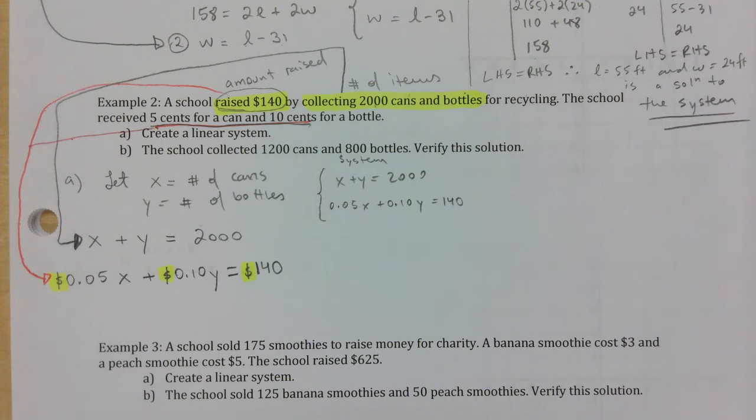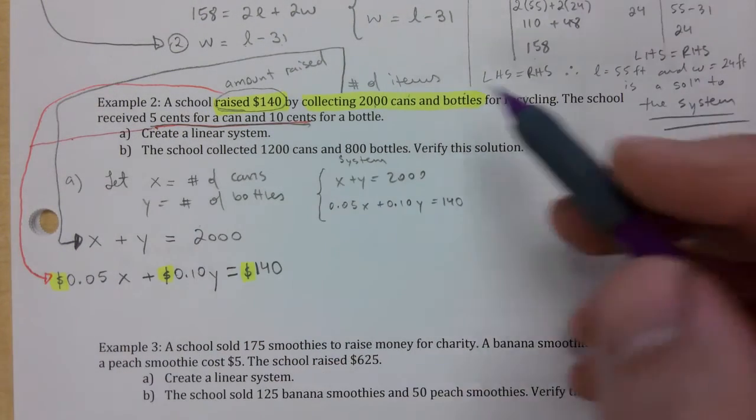They could have done that. Those would have been the coefficients, the numbers in front of your variables. You say, okay, mLs go with mLs, dollars go with dollars, and so forth. So you just have to keep that in mind. And now this is A, we're done with A.